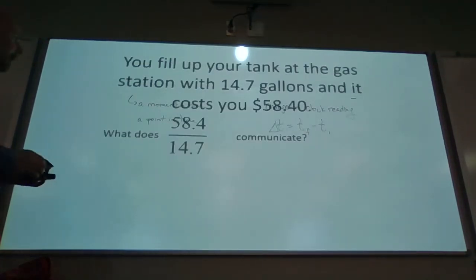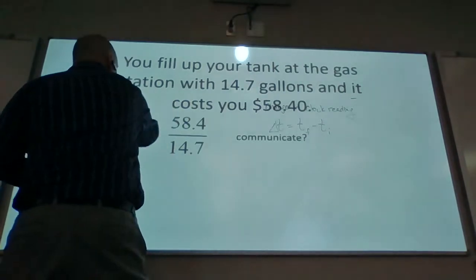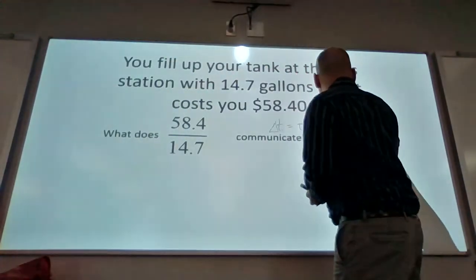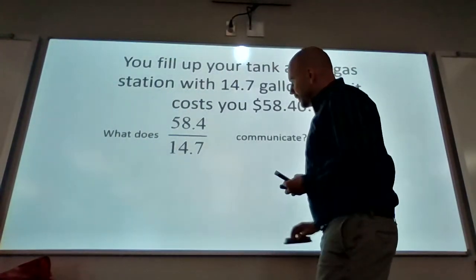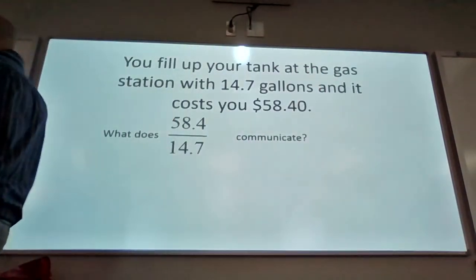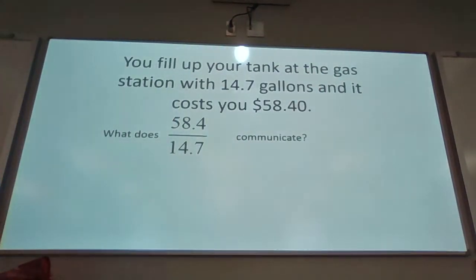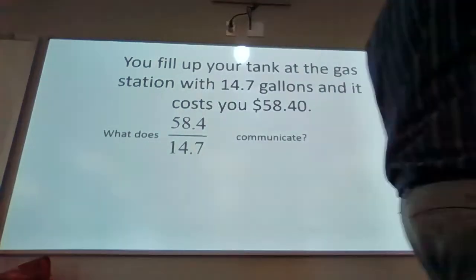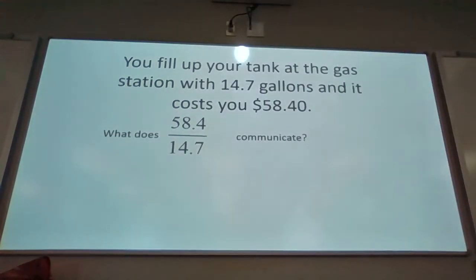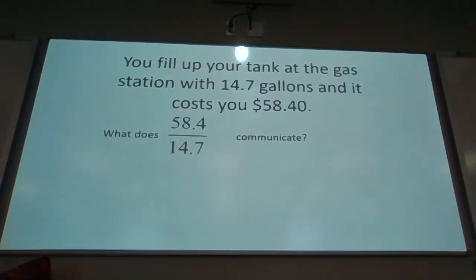All right. I also want to talk about ratios in a way that you might not have heard talked about. So you go fill up your gas with 14.7 gallons, and it costs you $58.40.